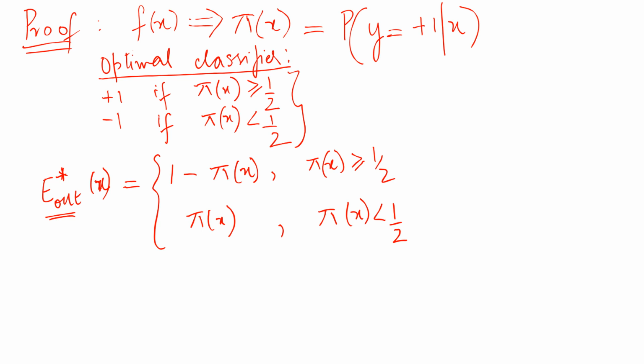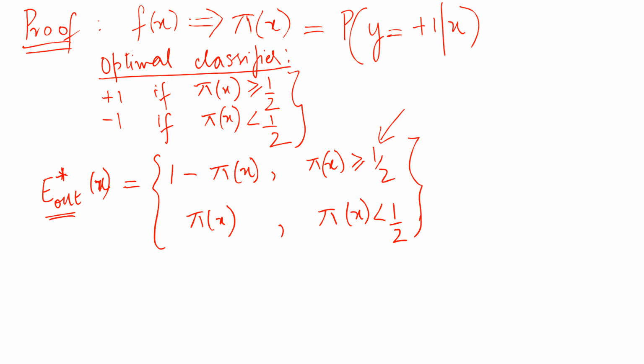In either of these two situations, my E out optimal is the minimum of the two, the first line or the second line. That's because when pi of x is greater than half, 1 minus pi of x is going to be smaller, and when pi of x is less than half, pi of x is going to be smaller.